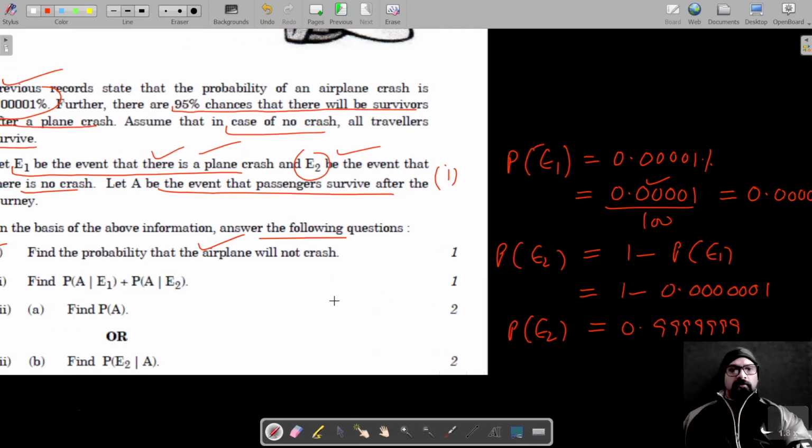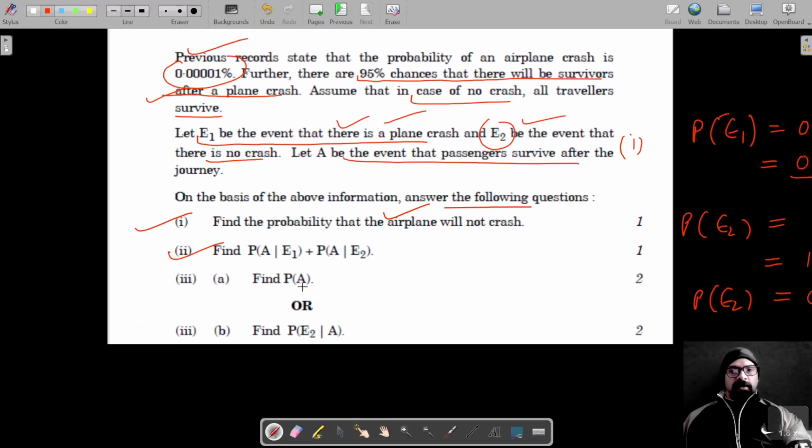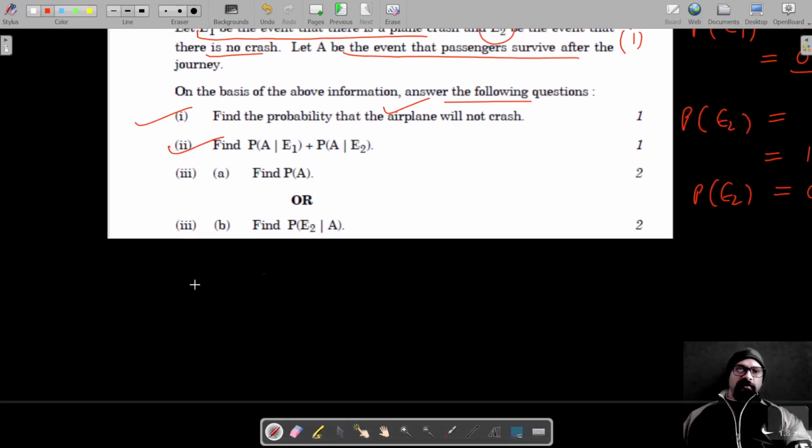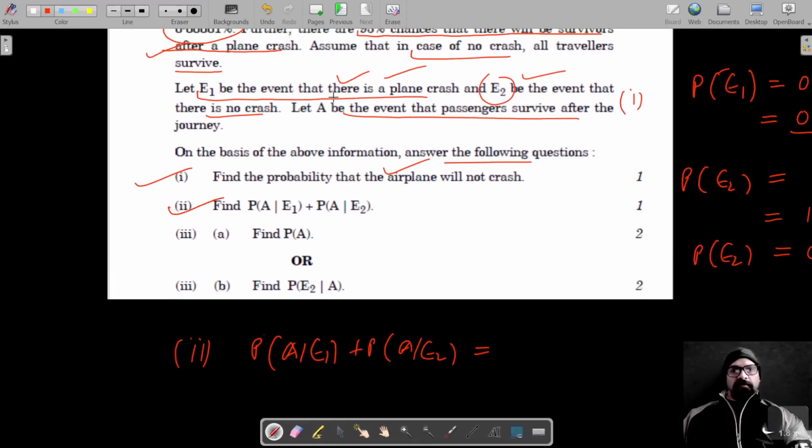Okay, now for the second part, we have to find the probability of A by E1 plus the probability of A by E2. A is the event that passengers survive, and E1 is the event that the plane crashes.